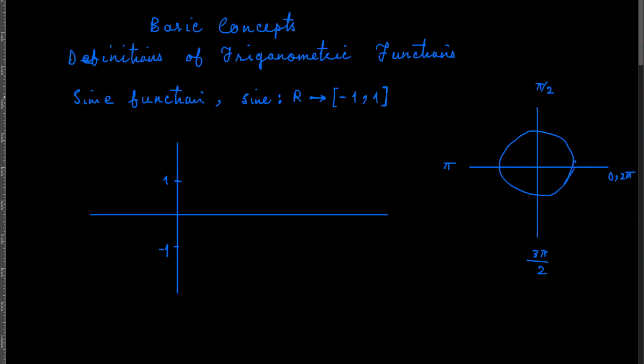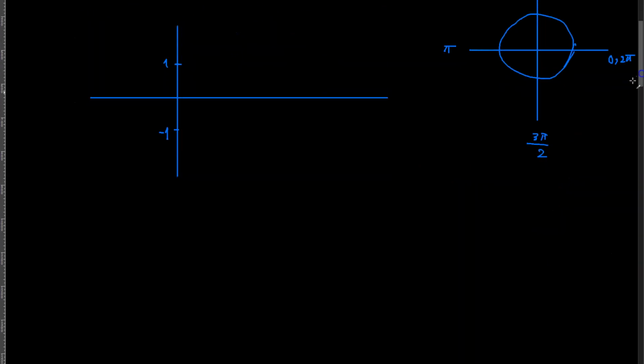Now you know that the sine of 0 is equal to 0. If you were to make a table over here, you could say this is theta, for example, and this is sine theta. If theta is equal to 0 radians, then sine 0 is equal to 0.